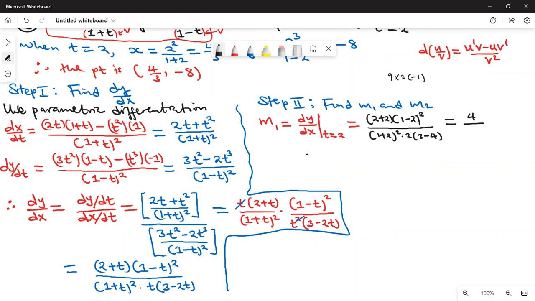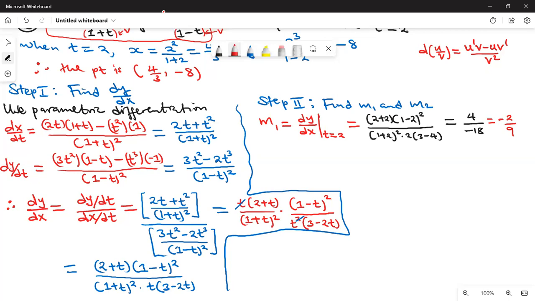So that is negative 18. If you simplify, you are going to get negative 2 over 9. So that is our m1, and m1 there denotes the slope of the tangent line.